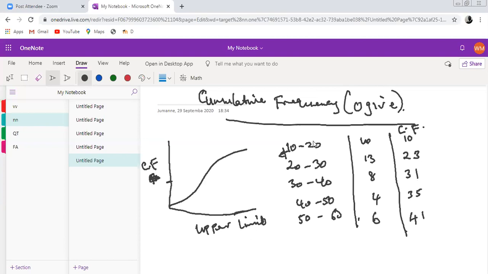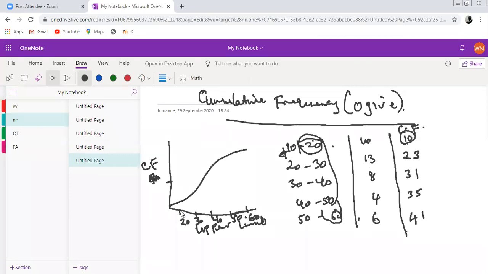So in short, you record whatever you have here to be the upper limit. So you are going to have 20, 30, 40, 50, up to 60. Those are your upper limits. And here you have your cumulative frequency. So you just plot this. For example, where we have 20, we should go up to where we have 10.